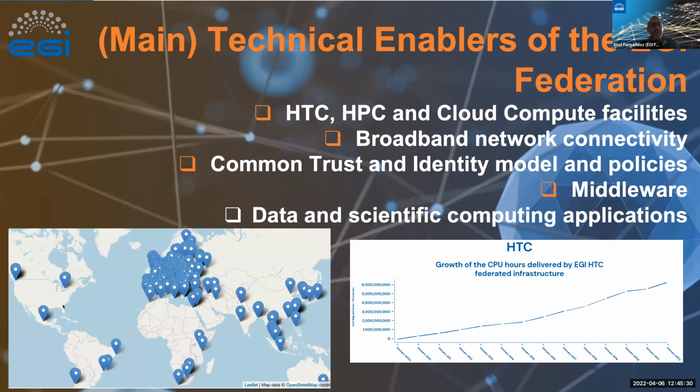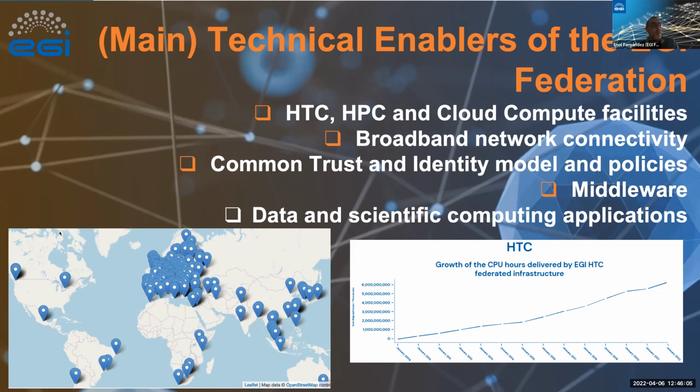Although the US is empty, that's because it's mostly managed by OSG, but we do collaborate with OSG and have links there. We have the broadband network connectivity provided by GEANT, the European research network, and on top of that, we create a common trust and identity model and policies, develop middleware to use these services, and support the execution of scientific computing applications and the analysis of data.